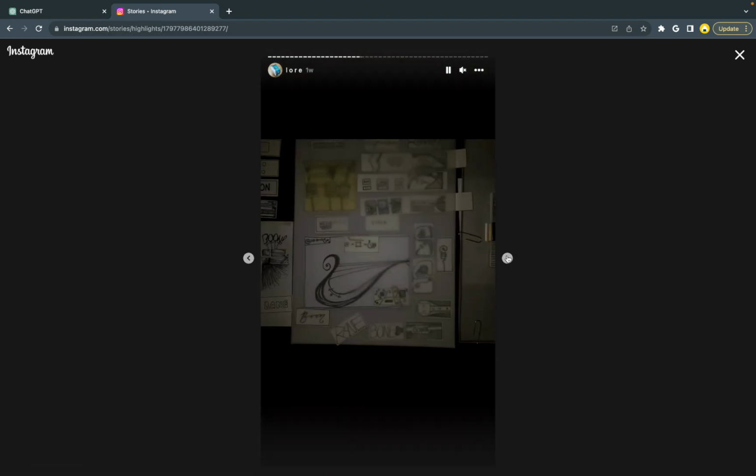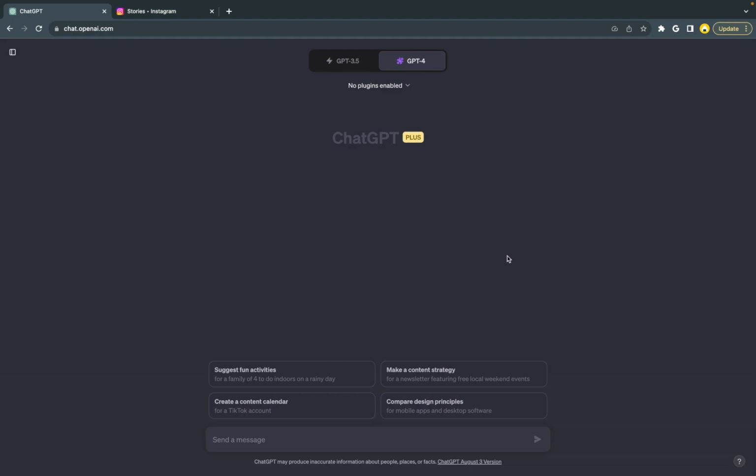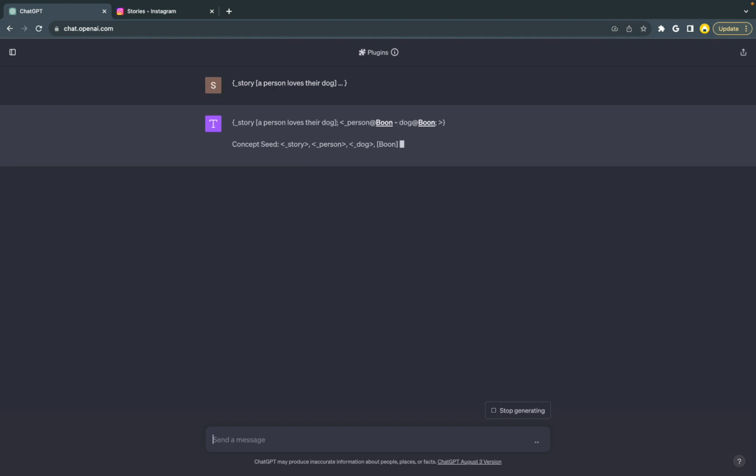In terms of the future of software development, we can now use things like ChatGPT to code, to help us code. We can say, give me a story. A person loves their dog. And ChatGPT will expand this into something relatively like a story.